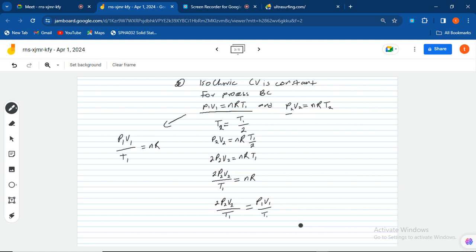So this one and this one can cancel each other. This one can just vanish when you have something like this. You just multiply by T1 both sides, and then you have 2 P2 V2 equal to P1 V1.